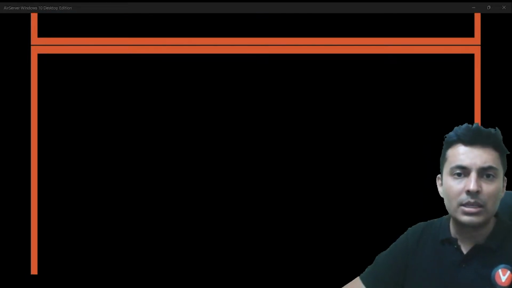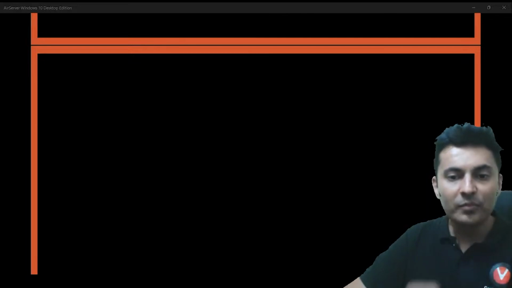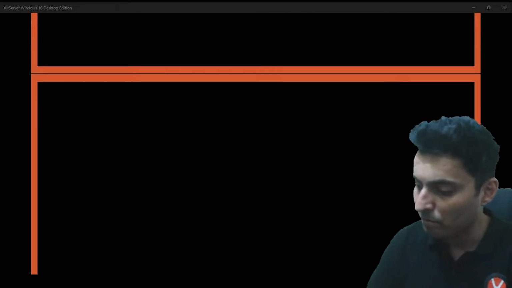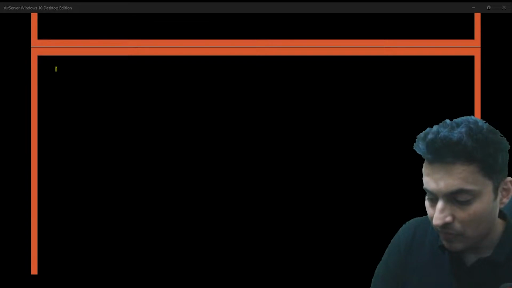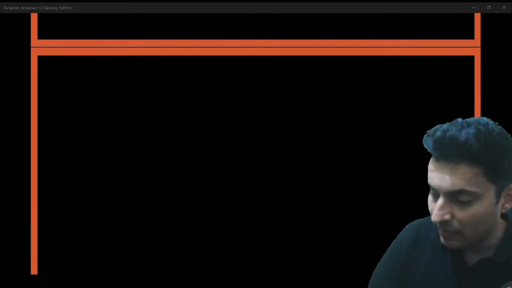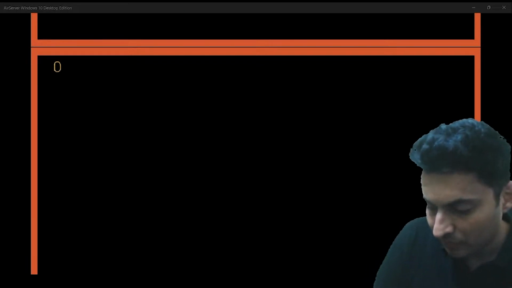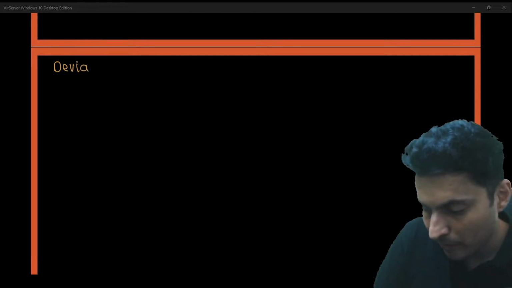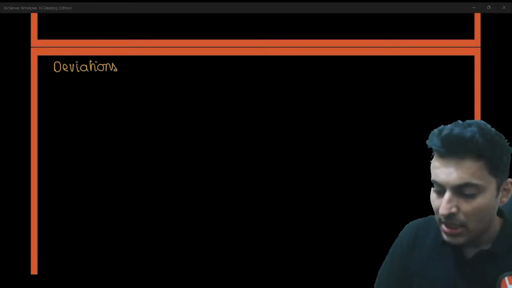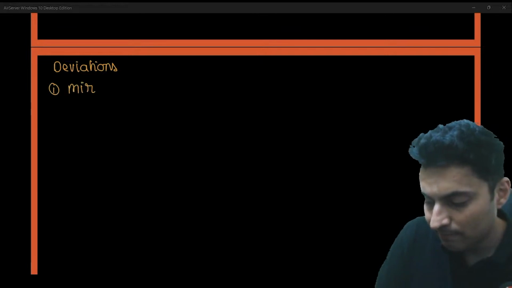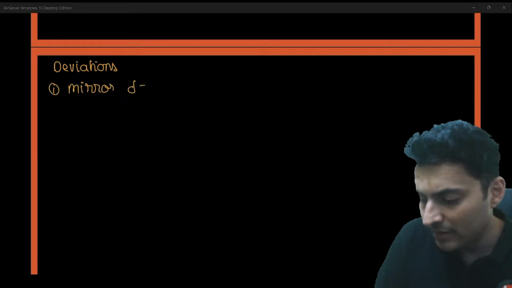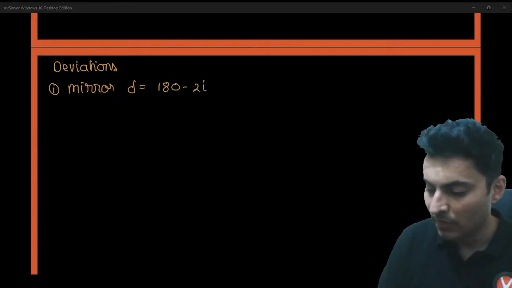First thing is deviations. Now, a lot of students get confused between deviation formulas. First thing, for a mirror, the formula is 180 minus 2i.